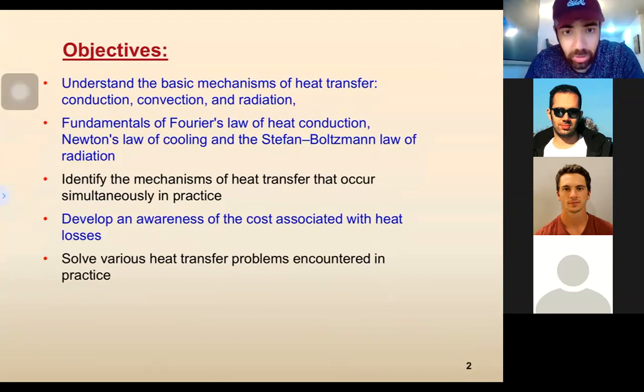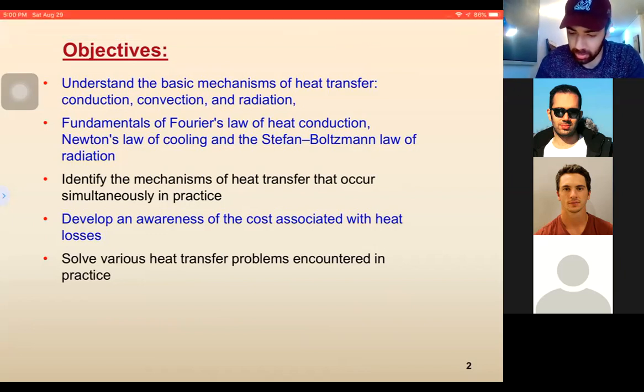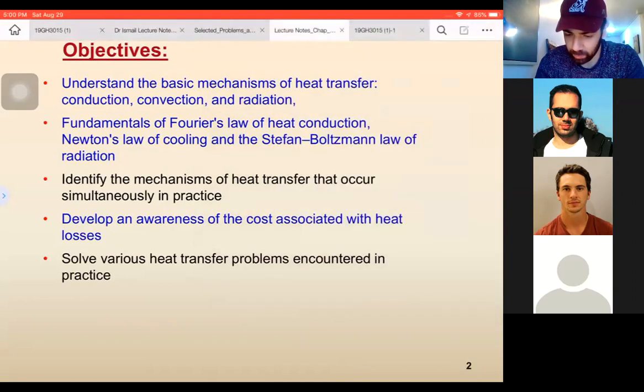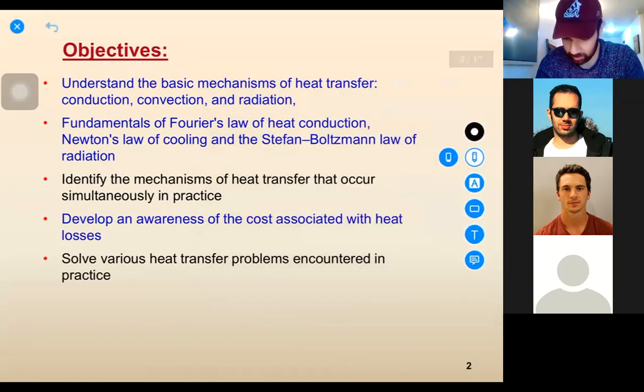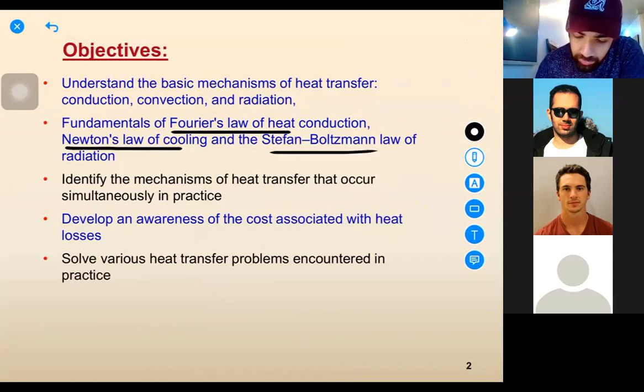For the conduction, you have to be familiar with the Fourier's law. For the convection, you have to know the Newton's law of cooling, and for the radiation, we have the Stefan-Boltzmann law of radiation.